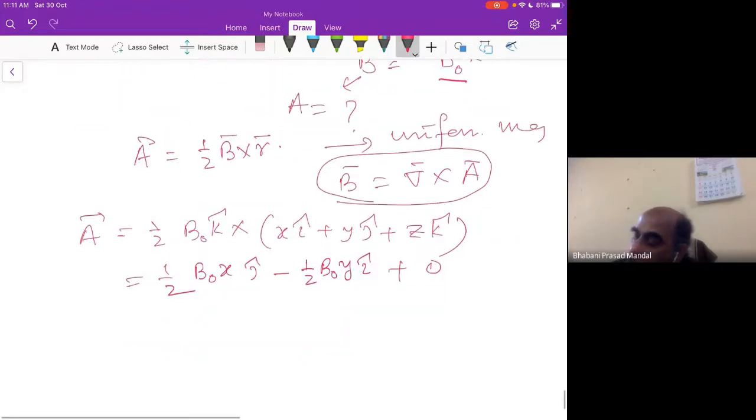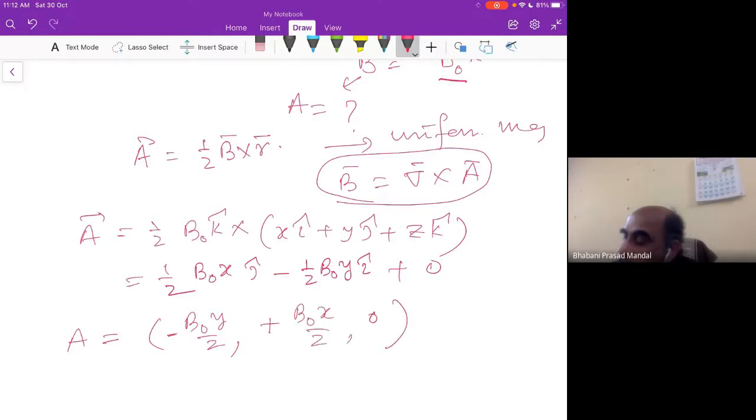So this is your vector potential. Let me write my vector potential in this form: minus B0 y by 2, plus B0 x by 2, and 0. So this is my vector potential.